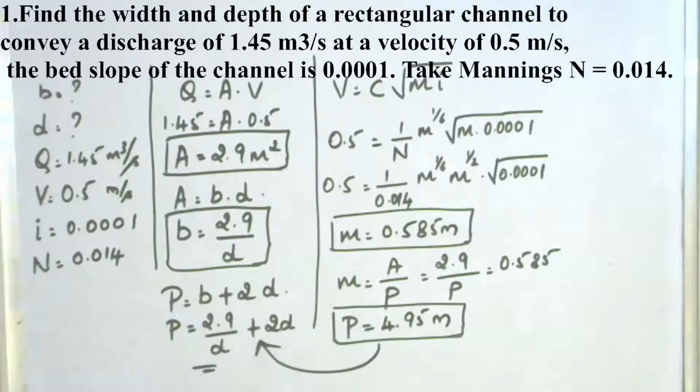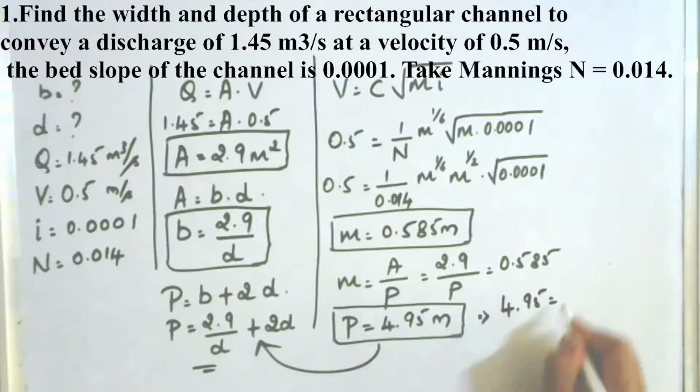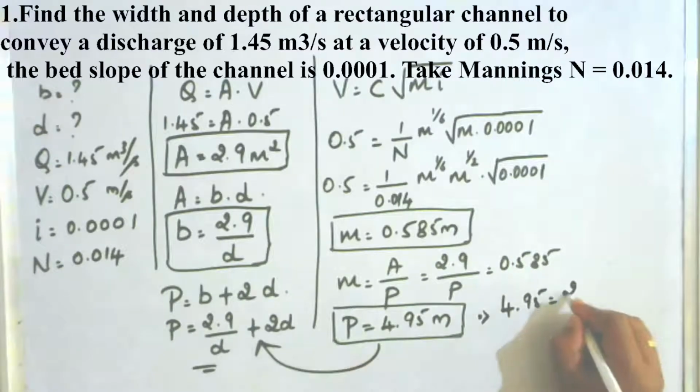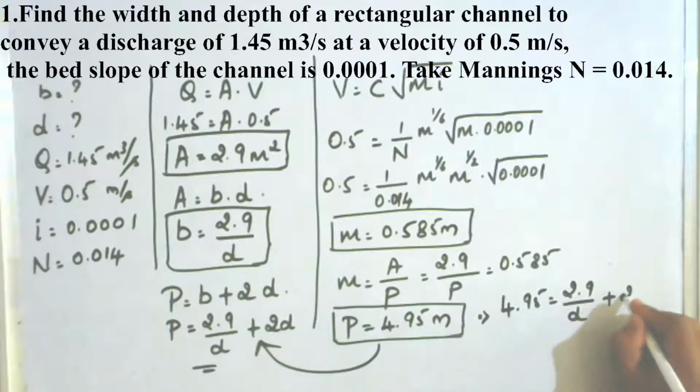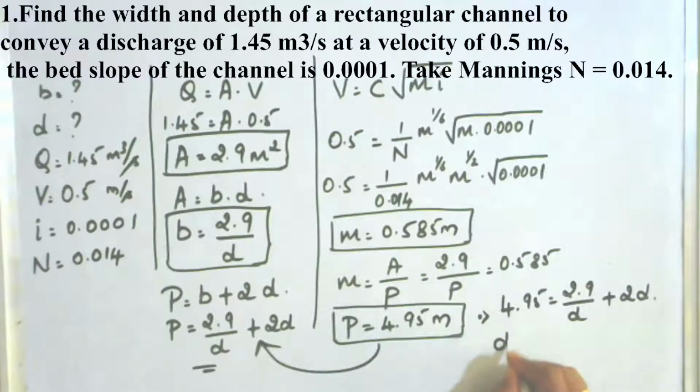You substitute the value of P in this equation and solve for D. So I'll write it here: 4.95 equals 2.9 divided by D plus 2D. You simplify, and you will get the value of D as 1.52 meters.